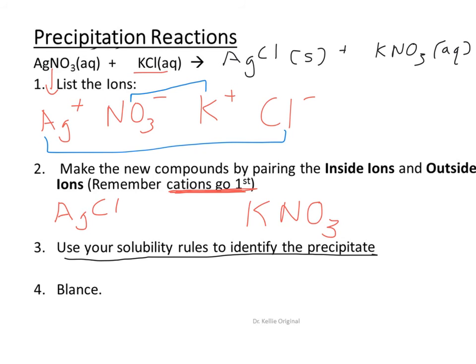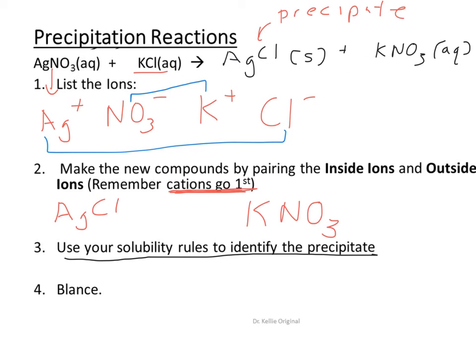So that would be the solid, which means that this would be my precipitate, or the solid that would come out of the solution. Finally, you need to balance, meaning you need to make sure that you have the same number of ions on each side. And in this equation we do. We've got one silver, one nitrate, one potassium, one chloride.